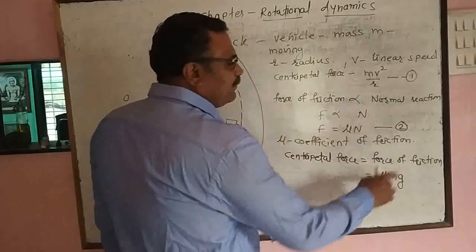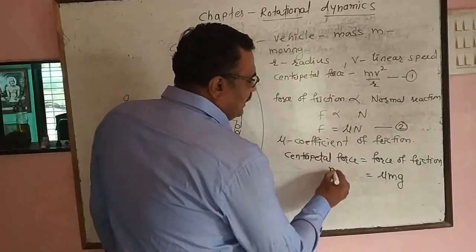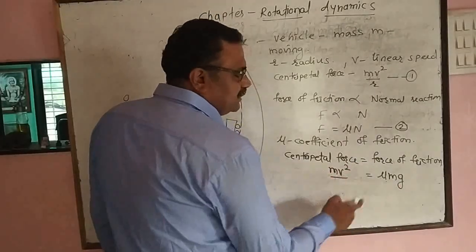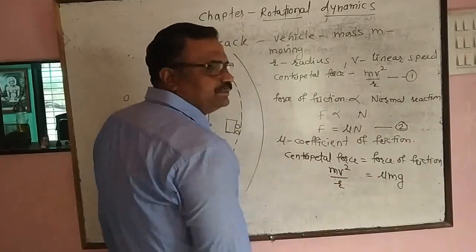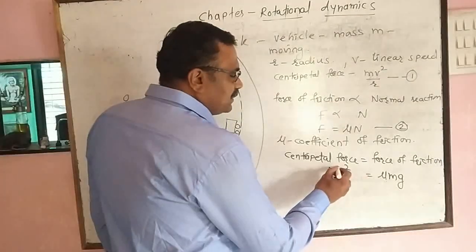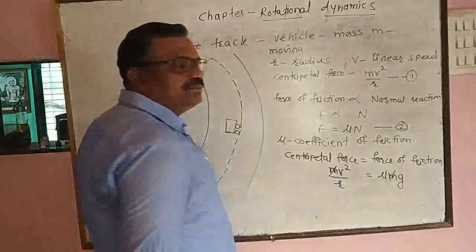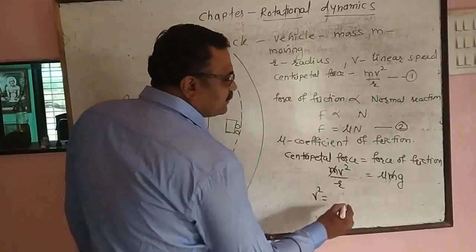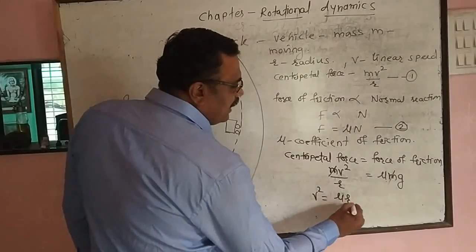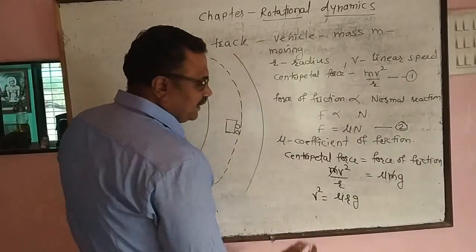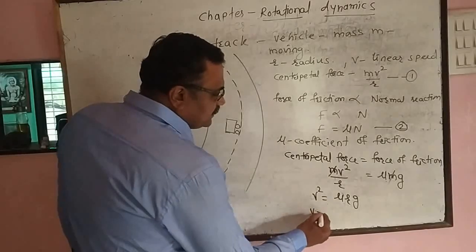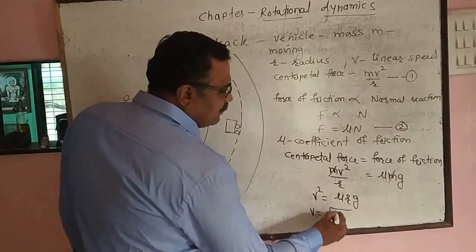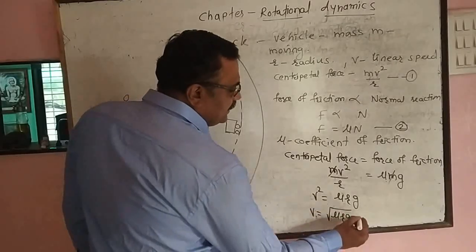This provides the centripetal force. Now we cancel the common term, hence we get v square equal to mu into r into g. Taking square root of both sides, we get v equal to square root of mu r g.